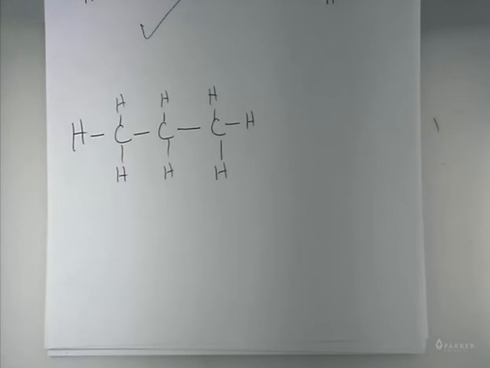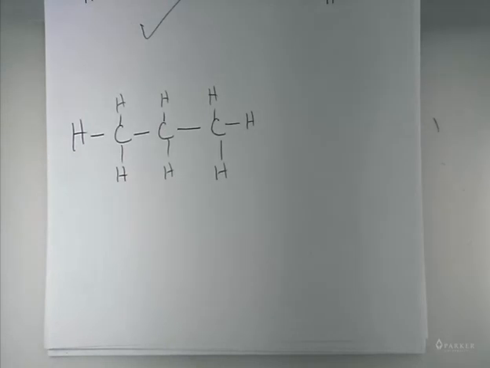This is called the extended or sometimes the full structure. It's essentially the Lewis dot structure. But what you find is in organic chemistry and pretty much anything in life that we're lazy, right? We don't want to draw the bonds. It gets tedious.